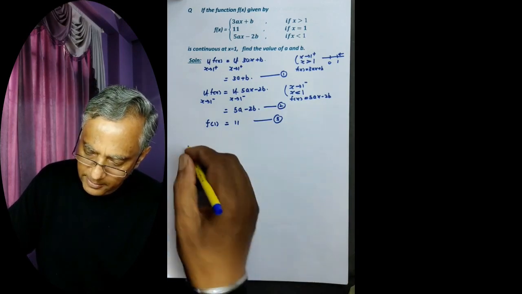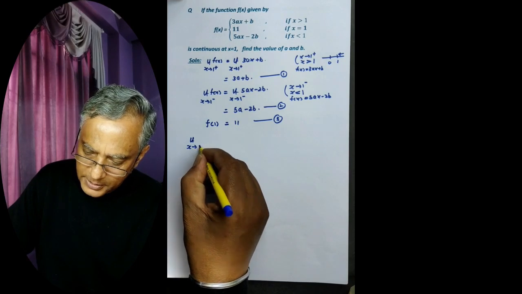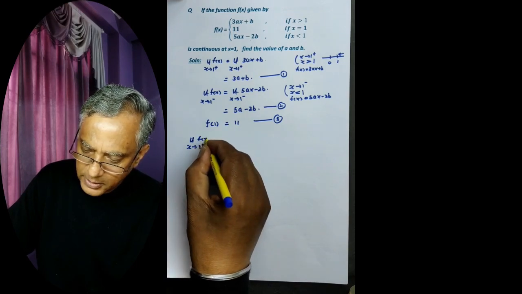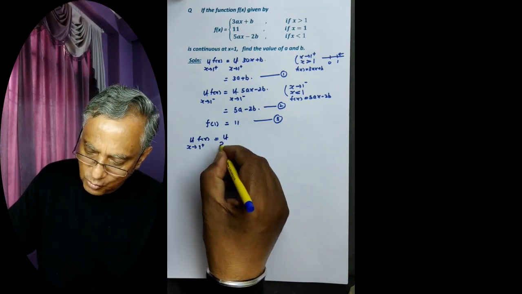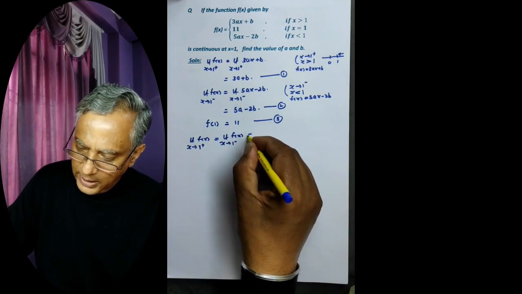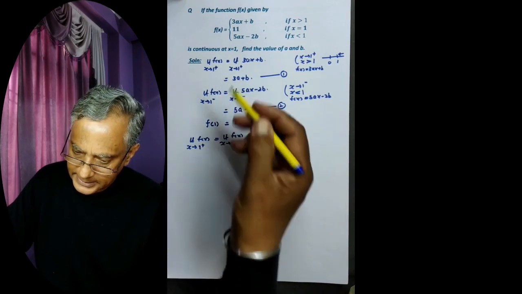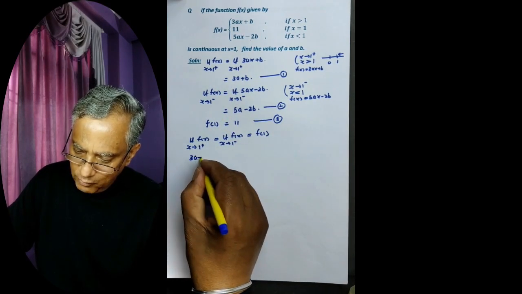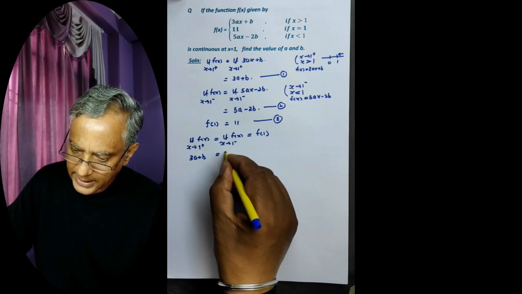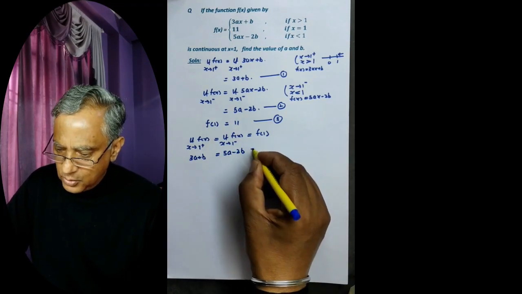Now the limit as x approaches 1 from the positive side of f(x) must be equal to the limit as x approaches 1 from the negative side of f(x), which is equal to the value of the function at 1. Now the limit from the positive side is 3a plus b. This is 5a minus 2b and this is equal to 11.